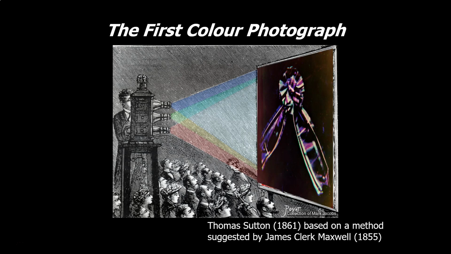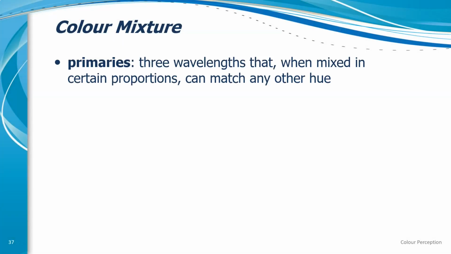Now, the fact that there are 3 colors that can mix together to create any color is pretty important. These, of course, are the 3 primaries. Now, this is something that the structuralists were looking for. They were looking for the basic elements. The primaries are the basic elements of our color experience.